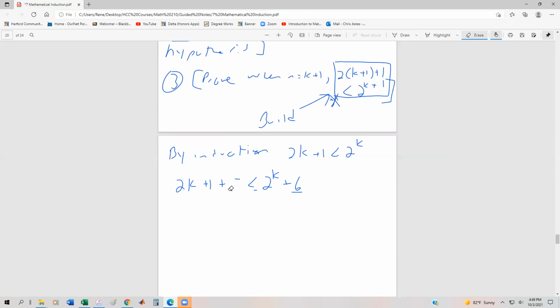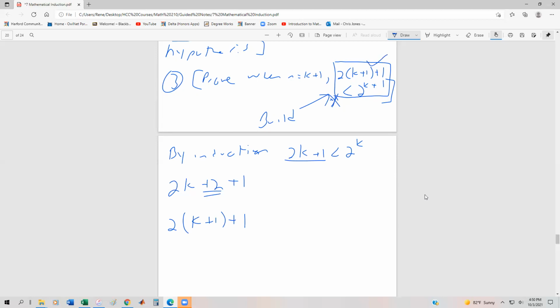So we're going to add special numbers or terms to both sides to make this valid. This is probably the hardest part of these sorts of inequalities. On the left-hand side of this inequality I'm going to add 2, because when I factor, I'm going to end up with 2 quantity k plus 1 plus 1.